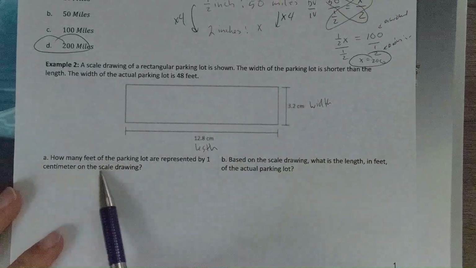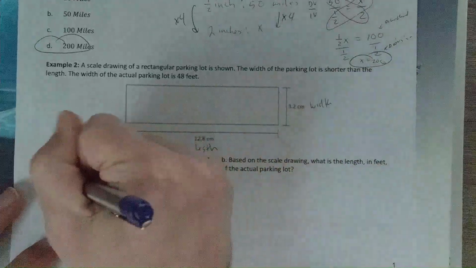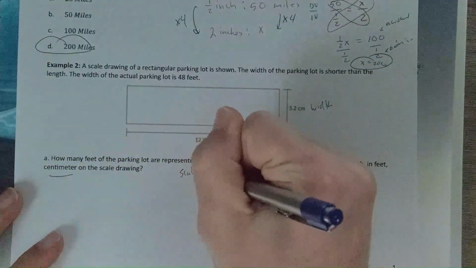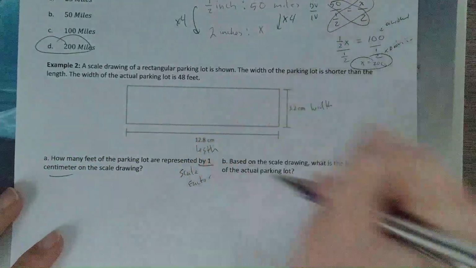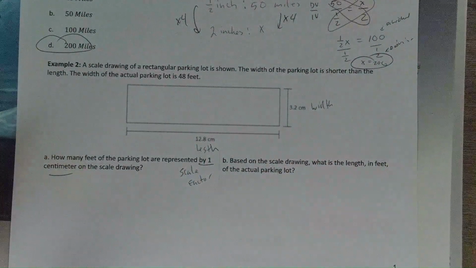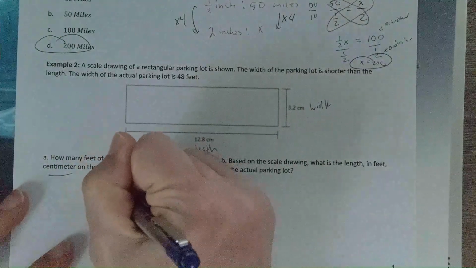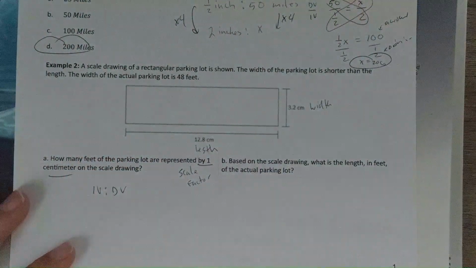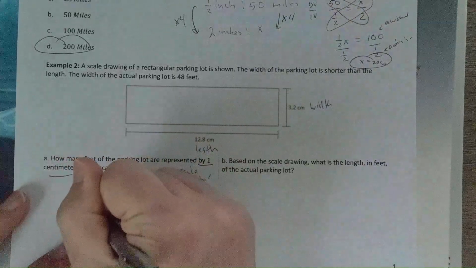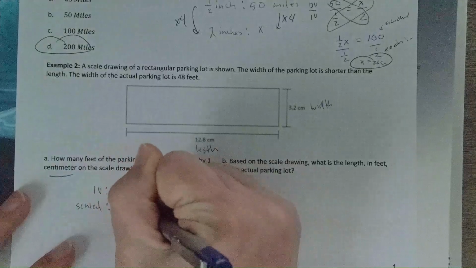How many feet of the parking lot are represented by 1 centimeter? This is actually asking for our scale factor. So this wants to know our scale factor. What we got to remember is our scale factor is when our independent variable is 1, just like a unit rate. So we do our independent variable per our dependent variable, which just means our scaled per our actual.